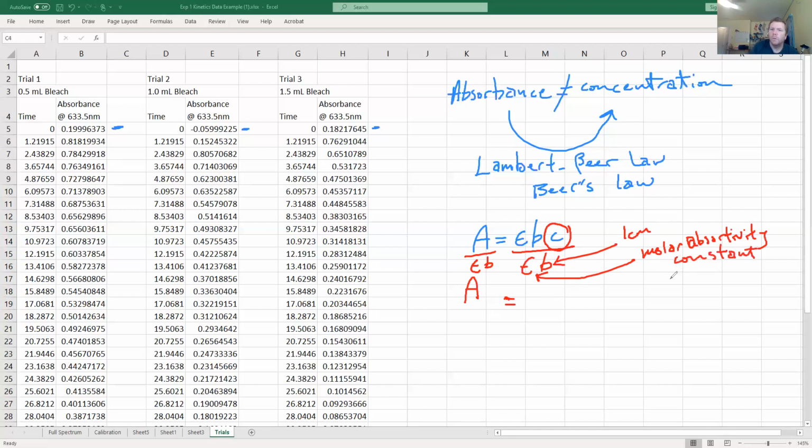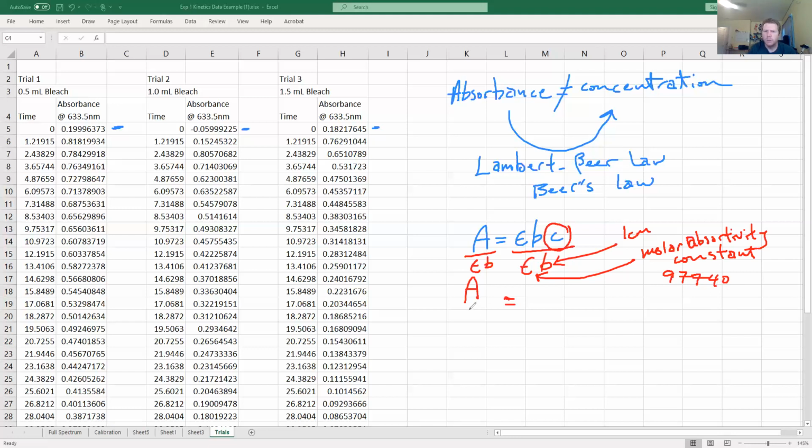And the value that we got was something like 97,740. The true value for FD&C is something like 131,000, but we're going to use this 97,740.